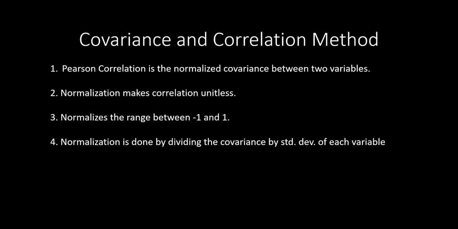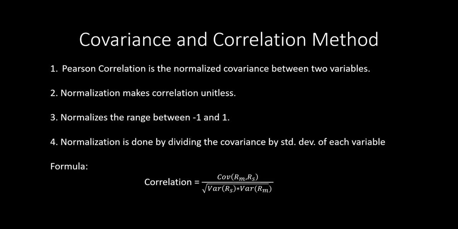Now let's try to understand the relation between these three methods. We'll start with the easiest relation, which is between the covariance variance and the correlation standard deviation method. Correlation is the normalized covariance between two variables, and this makes correlation unitless with a range between -1 and +1. -1 correlation is called perfect negative correlation, +1 correlation is called perfect positive correlation, and zero correlation means there is no correlation at all.